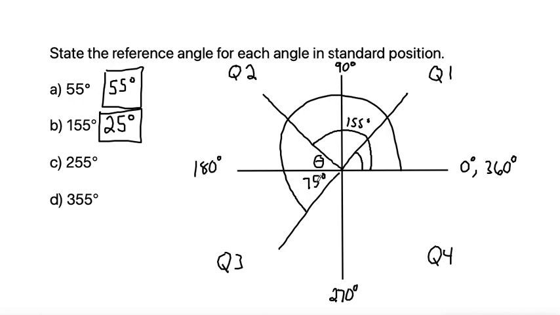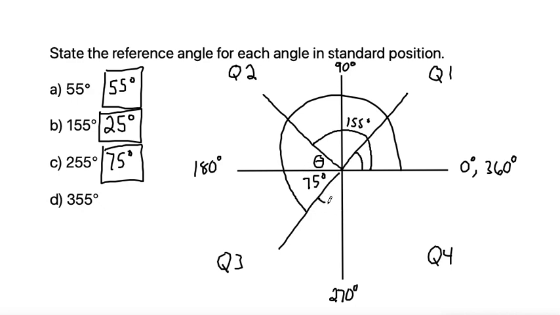So what we just found was the reference angle, because this is the angle between the terminal arm and the closest x-axis. So this one would be 75 degrees. Notice that I'm finding the angle between my terminal arm and the nearest x-axis, not the nearest y-axis.